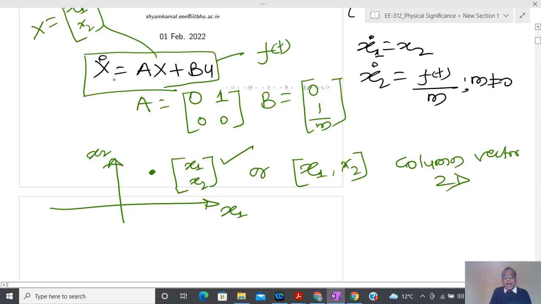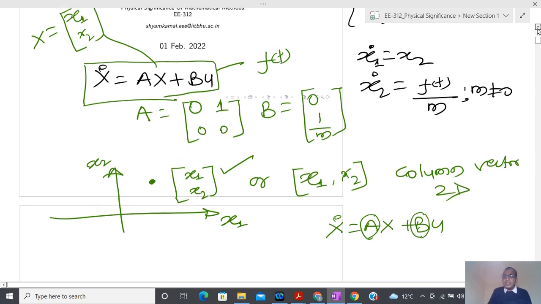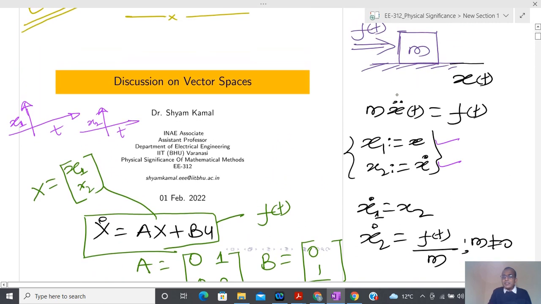Now if I generalize this, do not worry about A and B. You can see that A and B are nothing but parameters of the system.